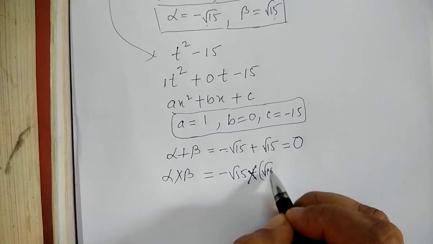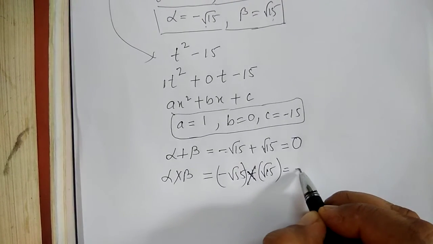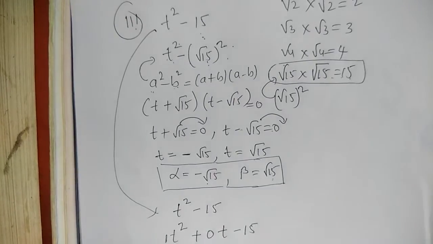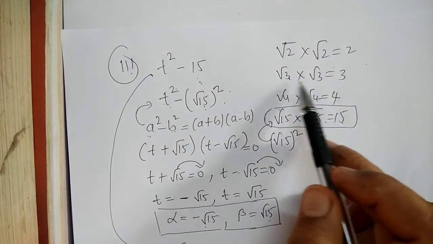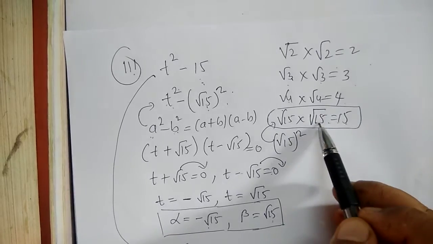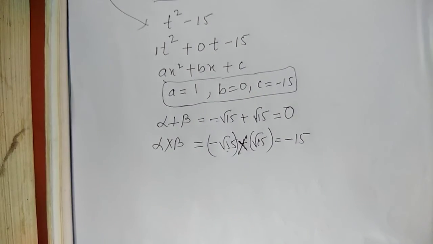Minus plus minus, and root 15 into root 15. I have taught here, root 2 into root 2 is 2, root 3 into root 3 is 3, root 4 into root 4 is 4, root 15 into root 15 is 15. Yes, so here note down 15.